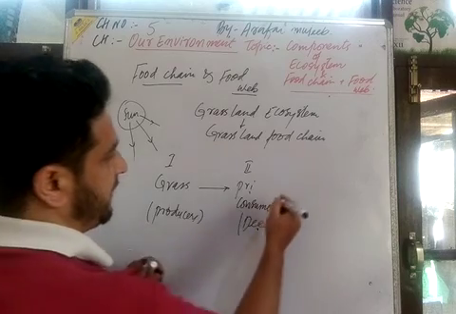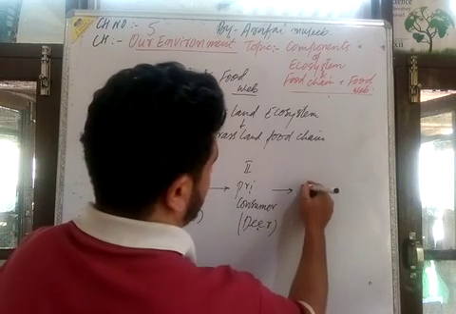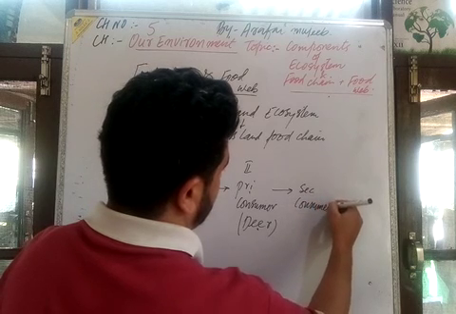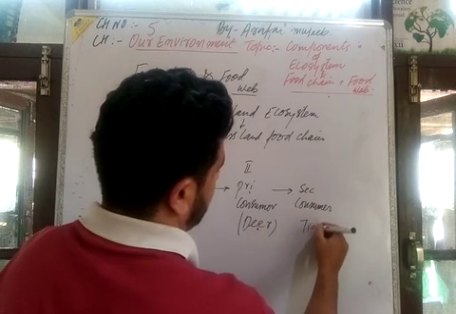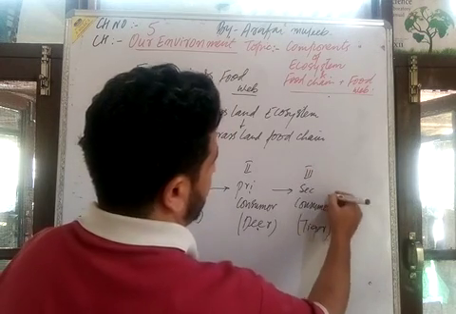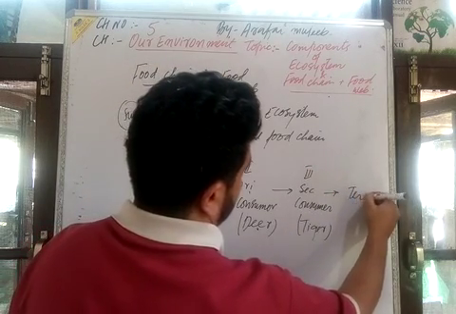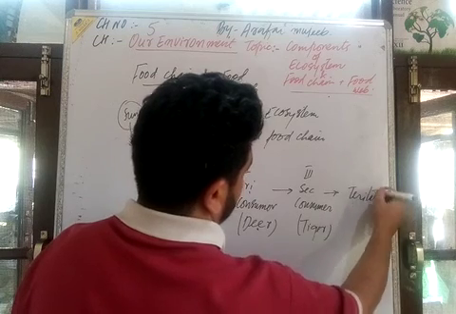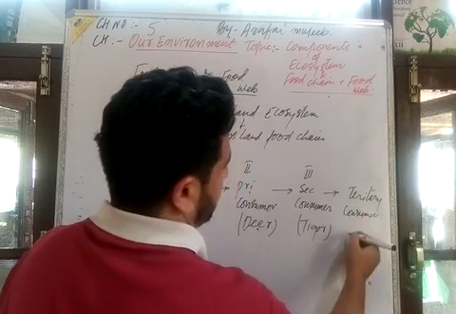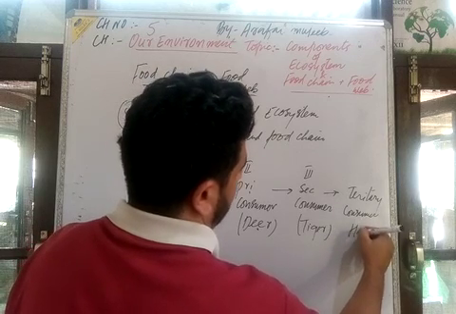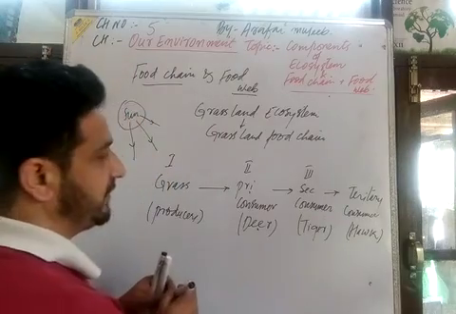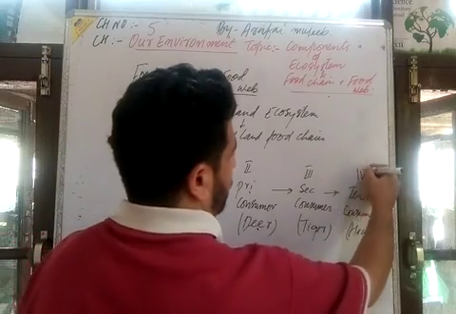The primary consumer is eaten by the secondary consumer, here the tiger, which forms the third trophic level. This is eaten by the tertiary consumer, and here I will take the hawk. It is a top carnivore. When the hawk feeds on the tiger, that forms the fourth trophic level.